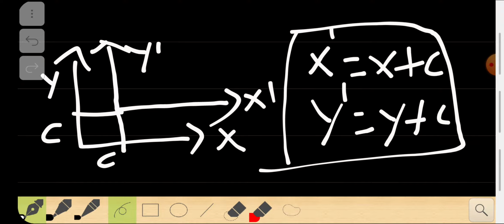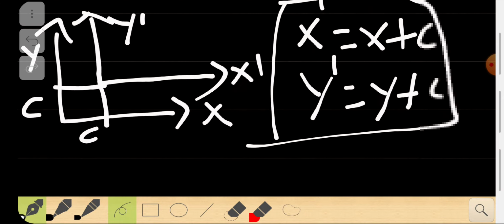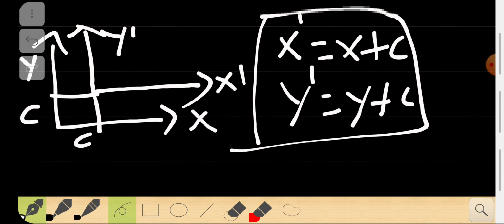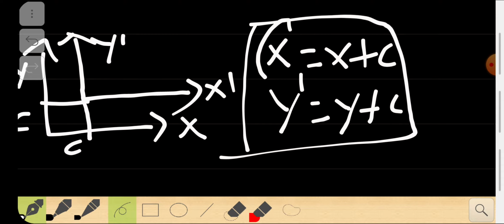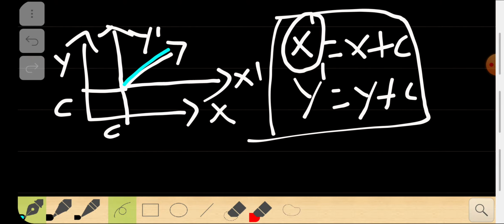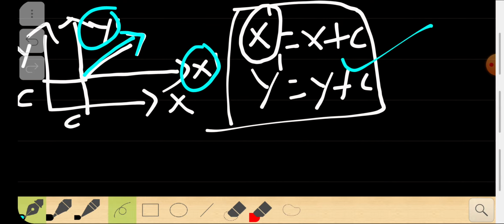That's a basic transformation. Now you can clearly see that all you have to do is find the coordinates of the given vector. If this is the given vector in the x dash and y dash coordinate system, you need to find out what the value is and then substitute that into this equation, and you get the result.